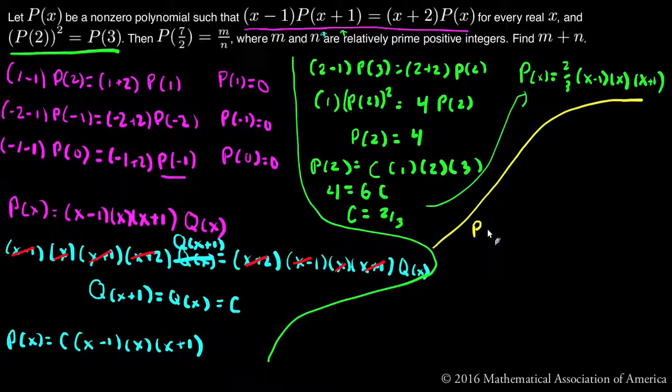So, p of 7 over 2 will equal 2/3 times, and then 7 over 2 minus 1 is 5 over 2. 7 over 2 straight up as x is just 7 over 2. And 7 over 2 plus 1 is 9 over 2.